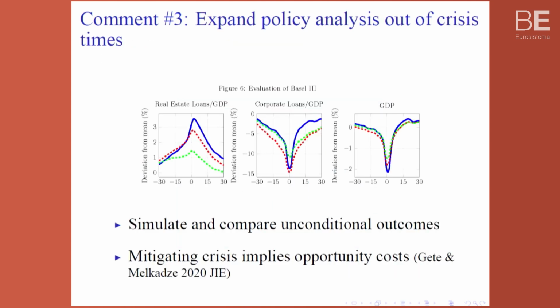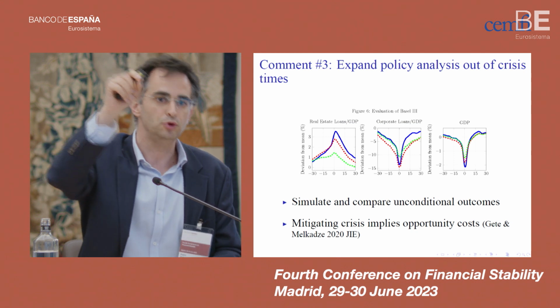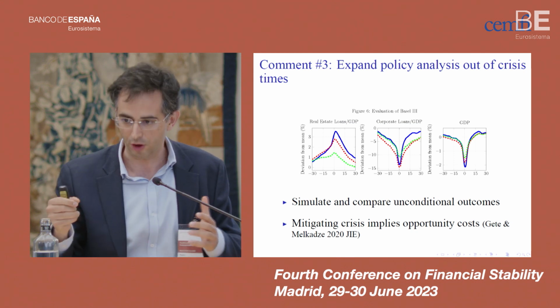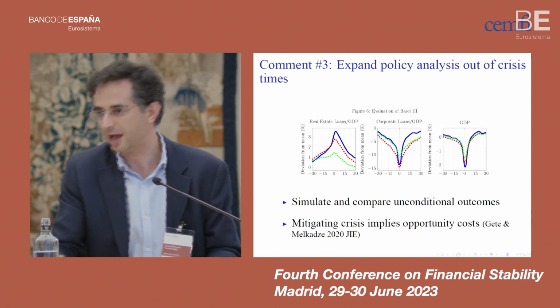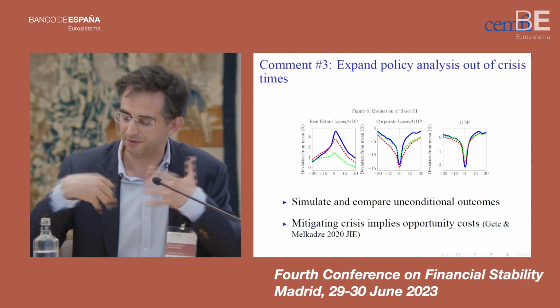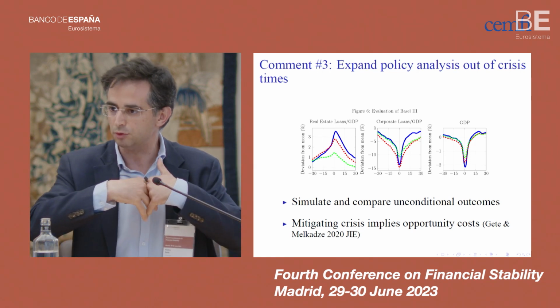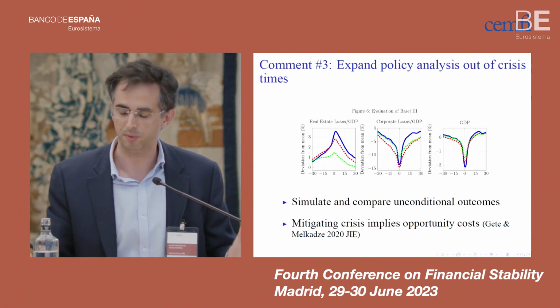Then the paper is really focused on minimizing crisis. All the paper is evaluation of Basel III, and if you see, the x-axis is, do you have a banking crisis, what happens before or not? I understand that regulators usually never get credit for the crisis that didn't happen, but since I'm in academia, I think we need to do analysis out of crisis to evaluate regulations.